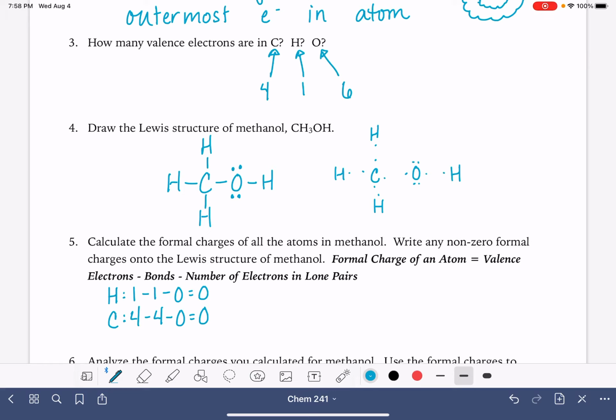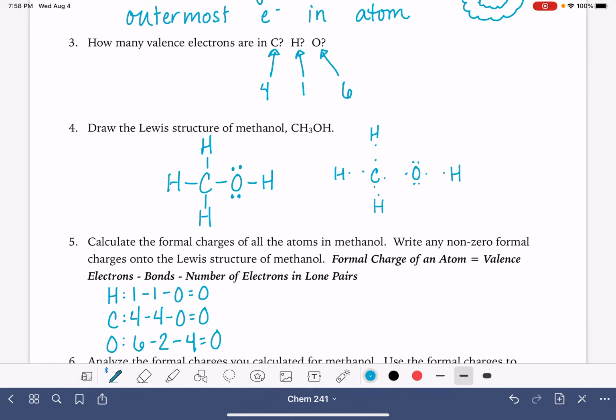And then last but not least, we have our oxygen atom. We want to start with the number of valence electrons in an oxygen, which is 6. We want to look at this oxygen, count the number of bonds. It has 2. And then we also want to count the number of electrons that are in lone pairs. 1, 2, 3, 4.